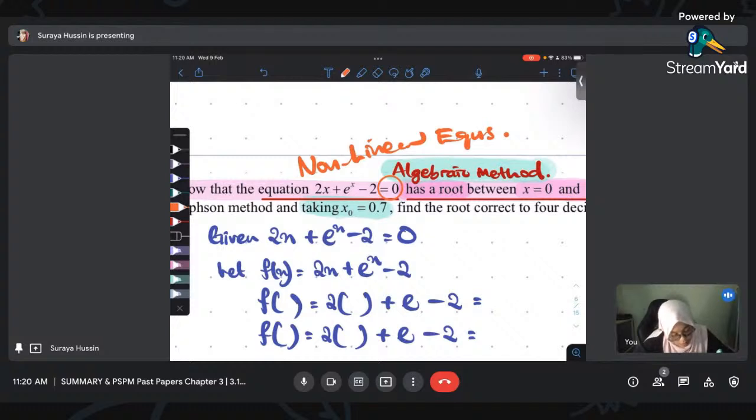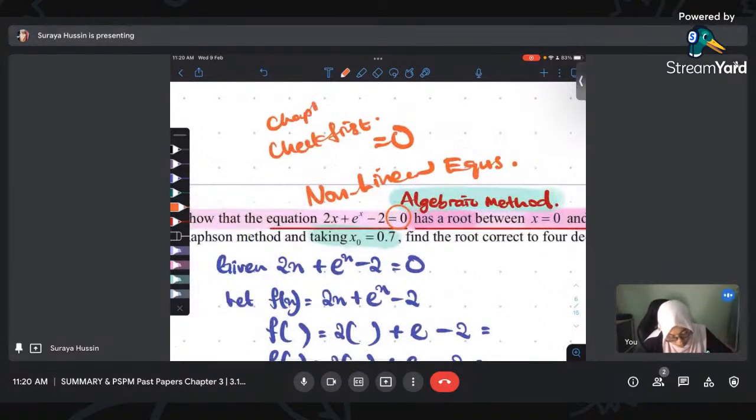Mesti ada equal to 0. Check first. This is for chapter 3. Okay, you must check first that your function, that your equation, dah nama pun equation mesti ada equal to 0. Dia mesti akan ada equal to 0. You have to make sure that.